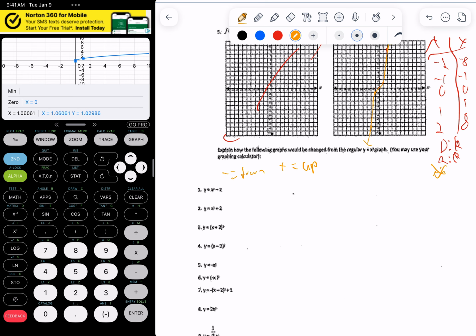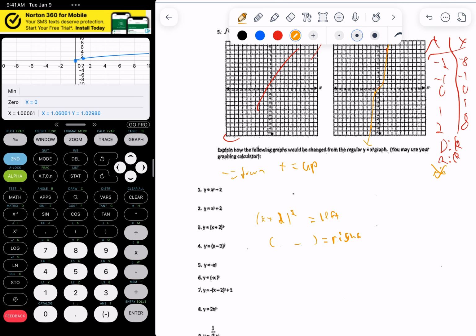When it's in parentheses, like x plus 2 to the power of 2, plus means left, and minus is right.